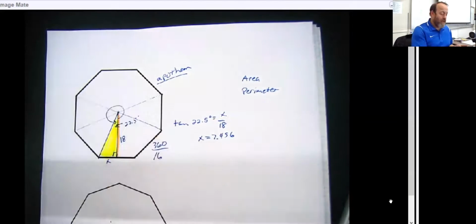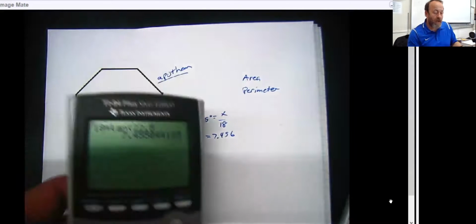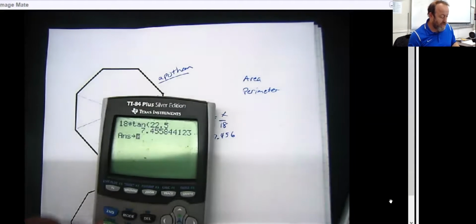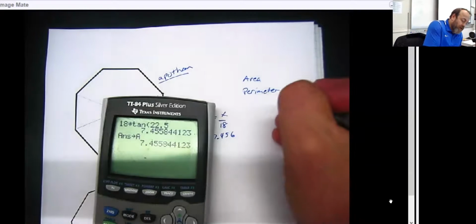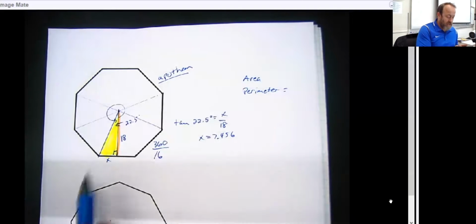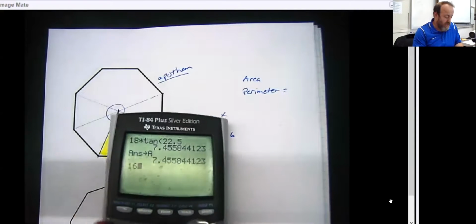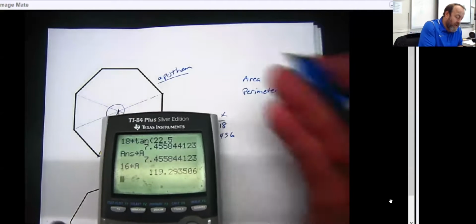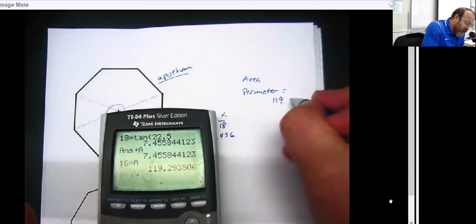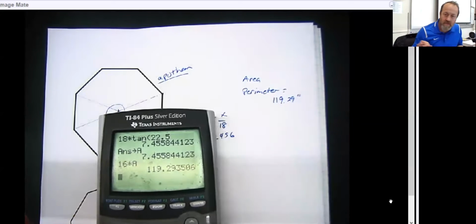Again, that would be this length right here. I'm going to store that as A because I'm going to use that a few times. Now, I know already that the perimeter would be 16 times as big as that. So I'm going to hit 16 times A, and I know that my perimeter is 119.29, let's call it inches.